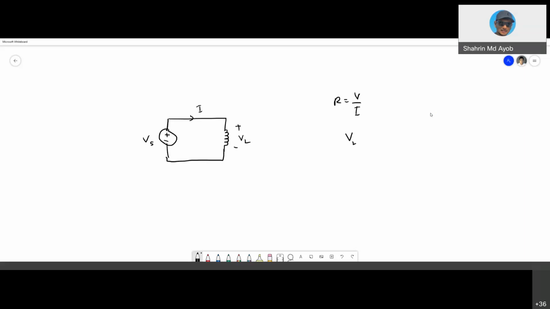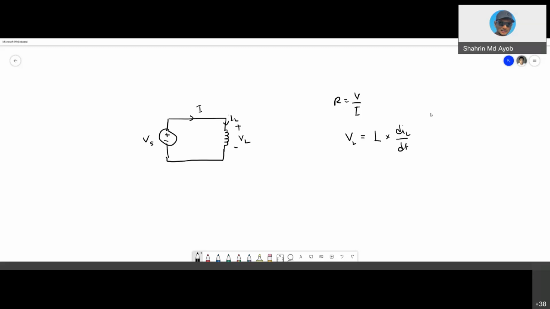The voltage across the inductor is the inductor value itself multiplied with the derivative of the current over time, where IL is the current that goes through the inductor. So as you can see, the relationship is quite complex.